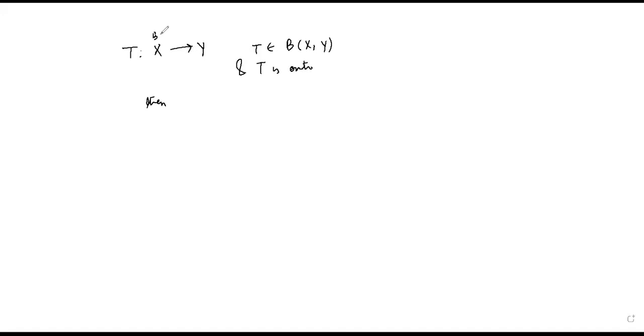So this is a Banach space and Y is also a Banach space. So then T of G is an open set in Y whenever G is open in X.